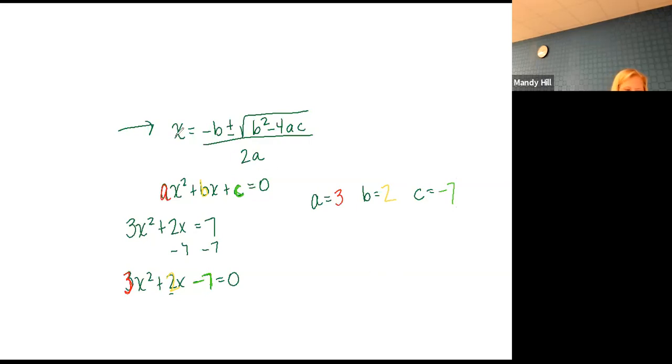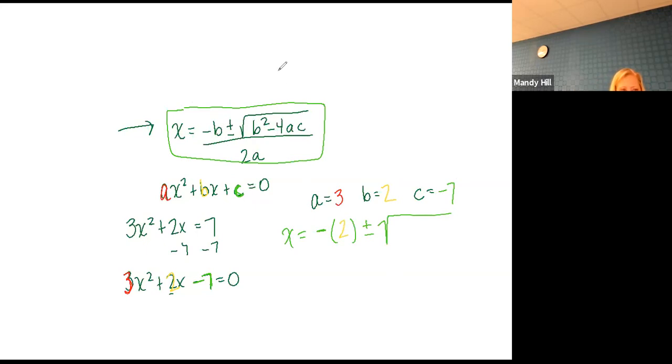Okay, next thing I want to do is I want to plug it in this formula. So x is equal to, there's a negative sign, so I would put the negative sign. I'm plugging in something for B. Well, we know that B is equal to 2, so I'm plugging in B. Okay, the next thing is plus or minus. I'm getting that from my formula right here. Got a big square root sign.